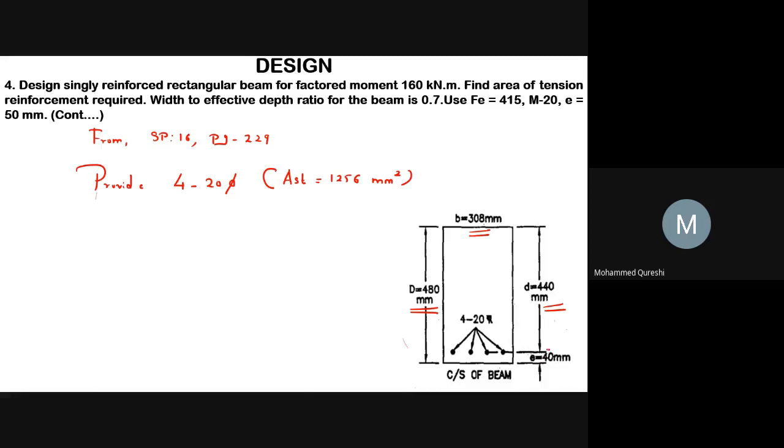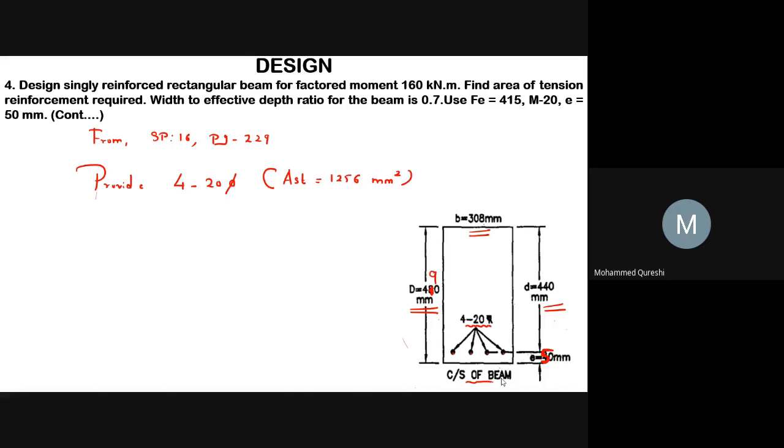e. Here there is a mistake. Here the small e is 50 mm, and here the capital D we had calculated is 490 mm. Hence, 4 bars of 20 dia are provided here, and this is the cross section of the beam.